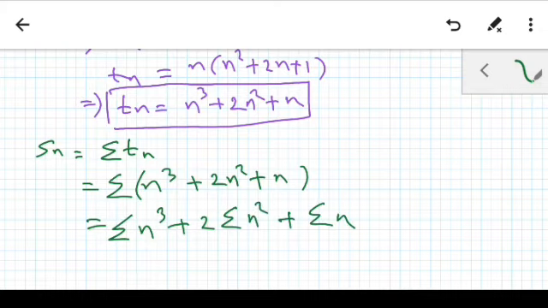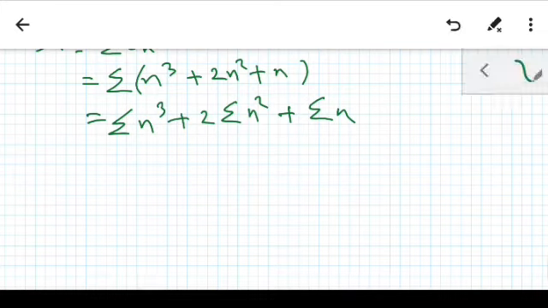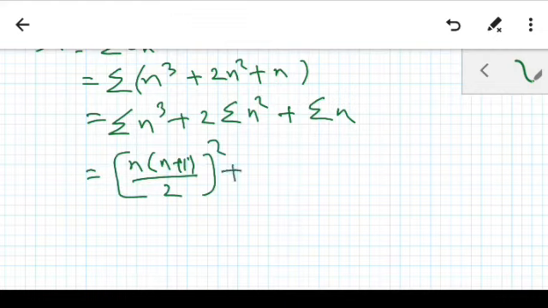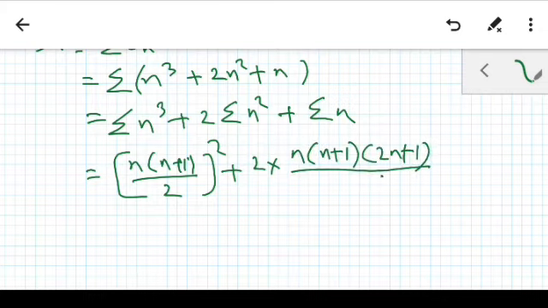Summation of n. Now if I go on like this, I will get this is n into n plus 1 by 2 its whole square, plus this is 2 n into n plus 1 whole into 2n plus 1 whole divided by 6, plus this one is n into n plus 1 divided by 2.